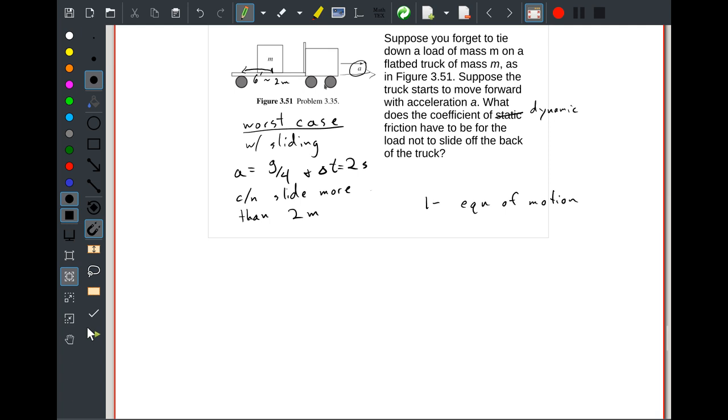We don't care how much force is required to move the truck at some acceleration A. We just know that the whole truck is moving that amount. So really all we have is just this back and forth motion X of this sliding block.